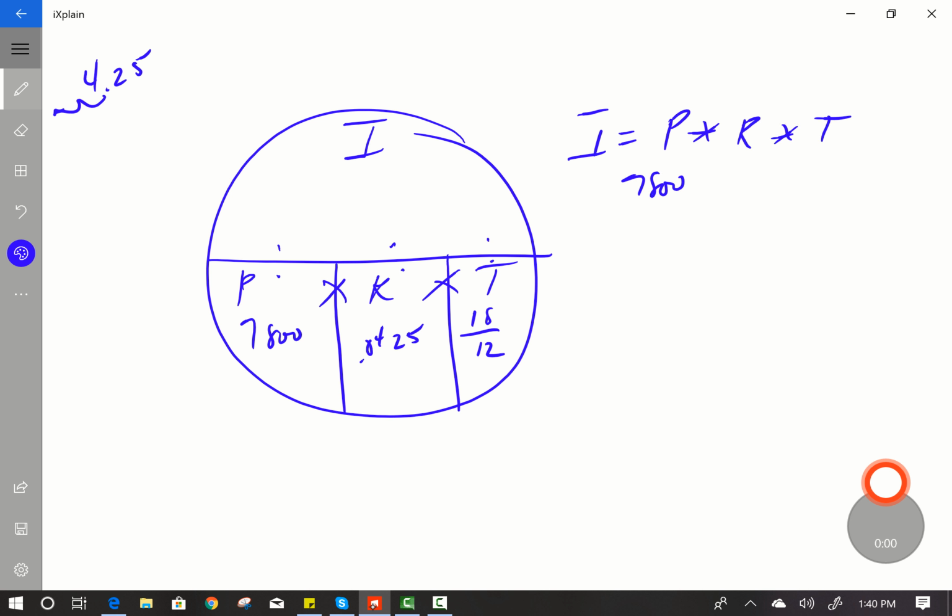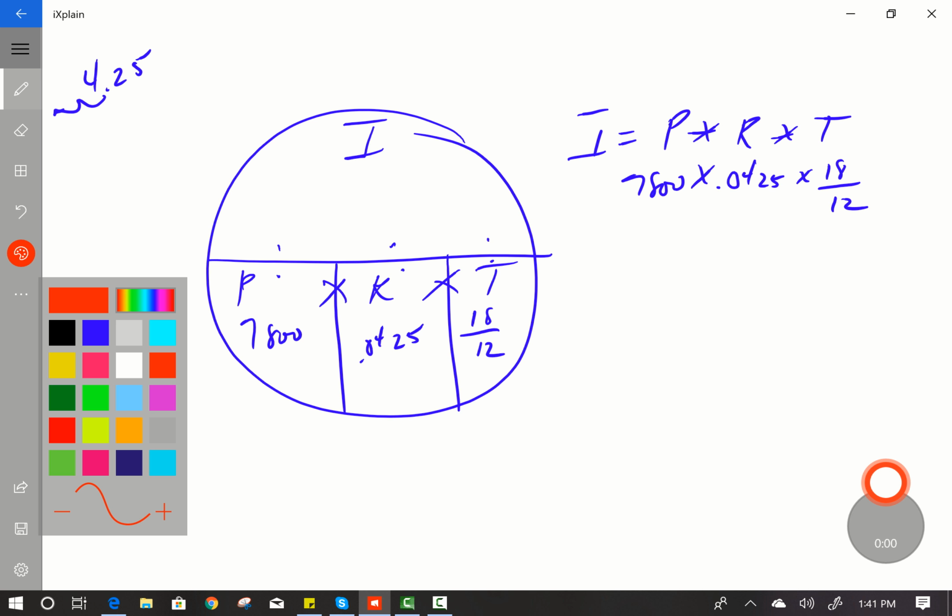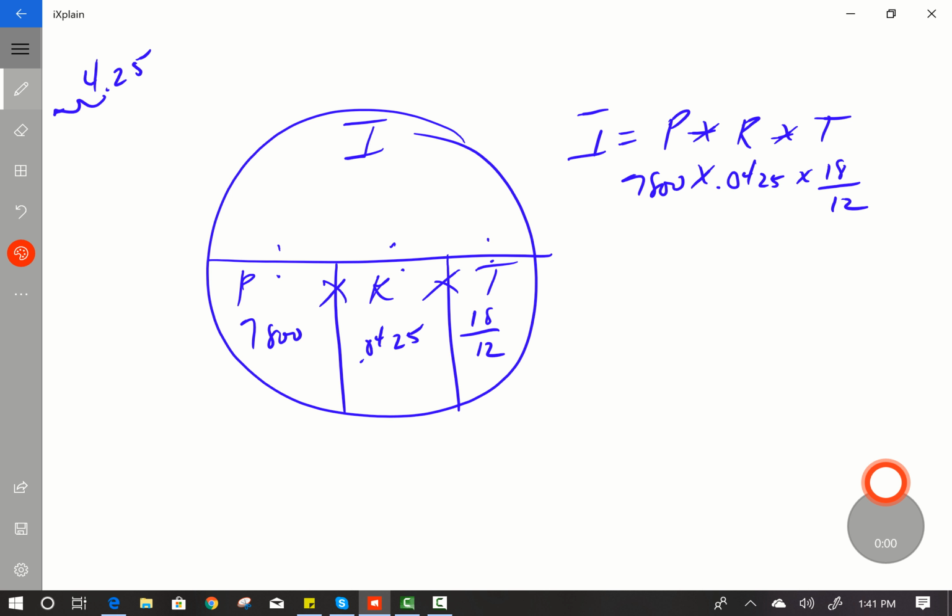$7,800 times 0.0425 times 18 divided by 12. I'm going to enter that into the calculator exactly as it's stated right there. And that will give me interest of $497.25.